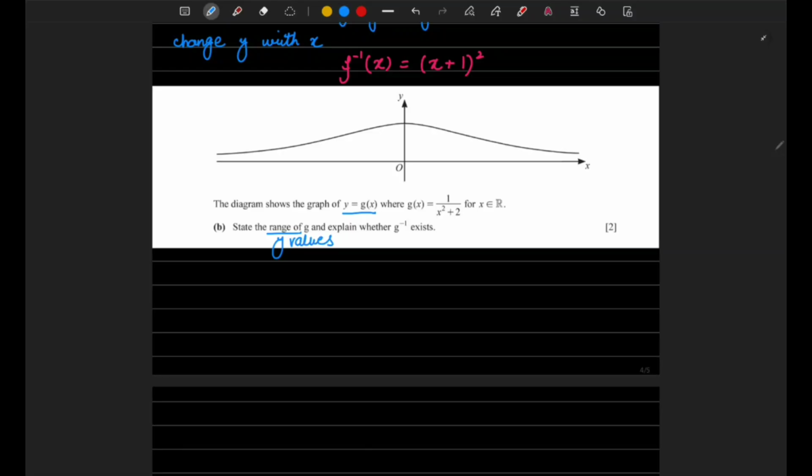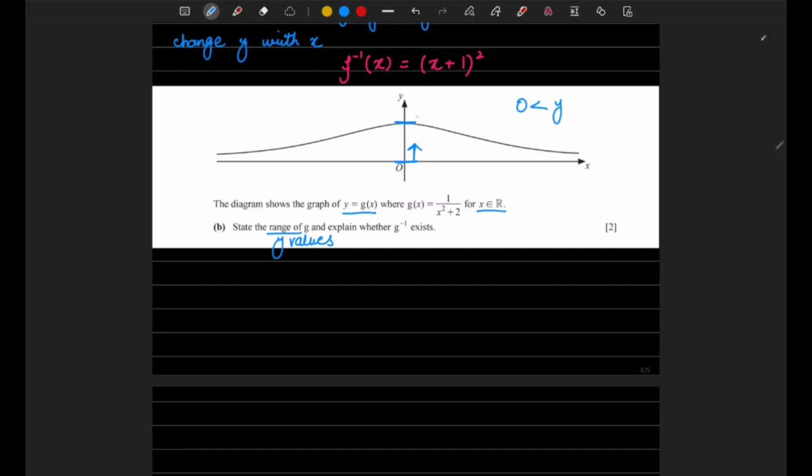All the x values are allowed because x is a member of real numbers, so all the positive and negative x values are there. But what about y? As far as y values are concerned, the graph is just above 0. So you can say that y, or g of x, is greater than 0.